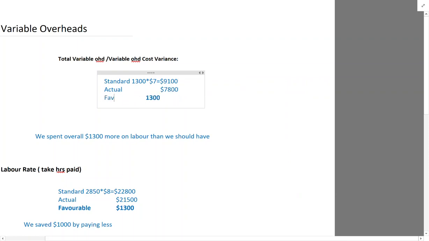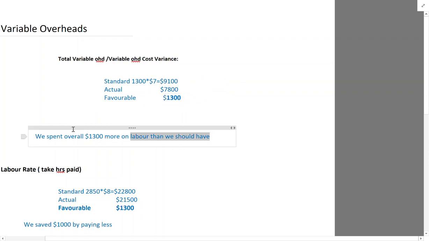So favorable. So we have spent 1,300 less on overheads than we should have. So we have saved 1,300 on variable overheads.